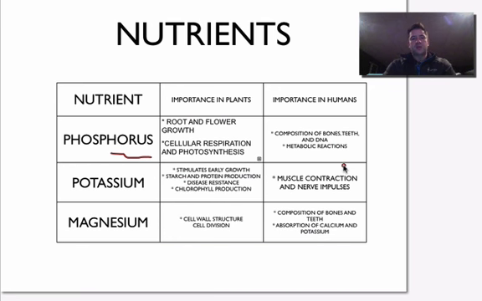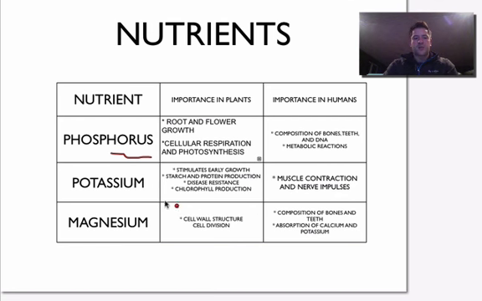And it also helps metabolic reactions, so it helps us to burn fats, and it helps reactions to occur. Potassium, in plants, is going to stimulate early growth, so it's going to help it to grow faster.